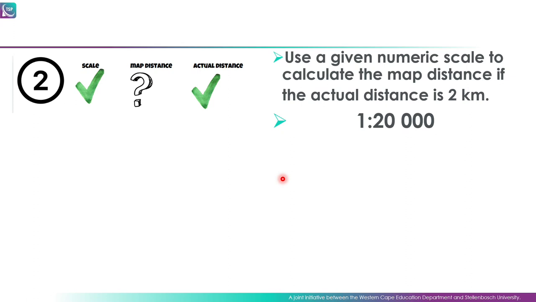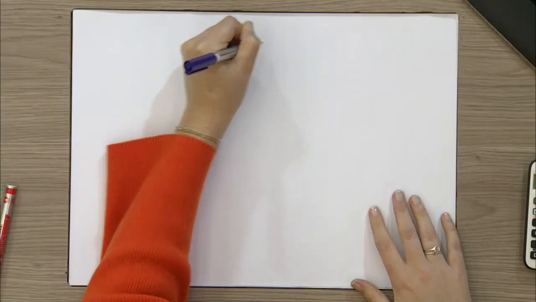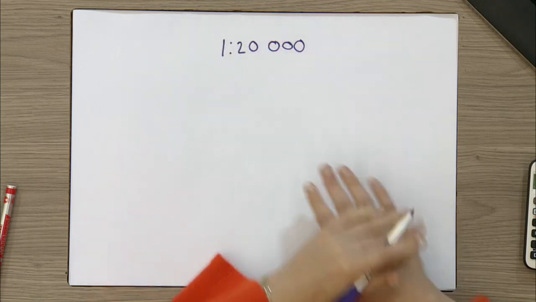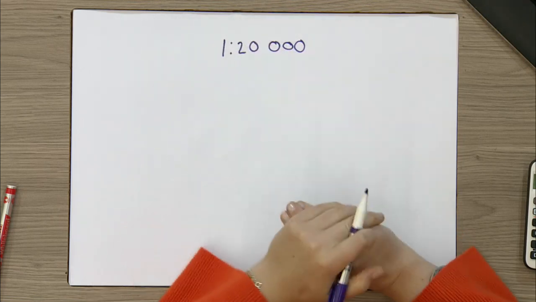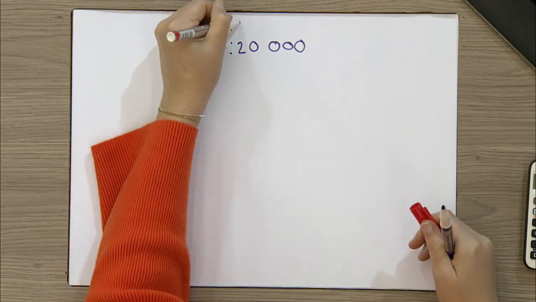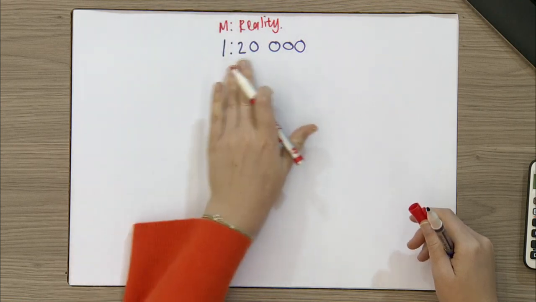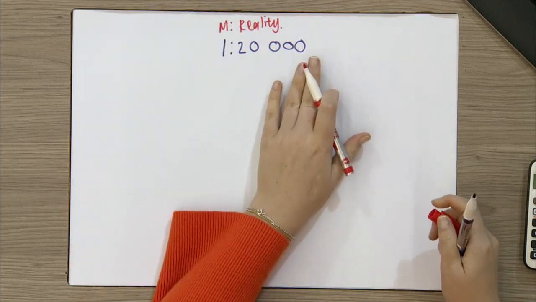And the scale they give us is 1 is to 20,000. So if 1 is to 20,000, we know that this is map and this is reality. So we have our scale factor here that's given.